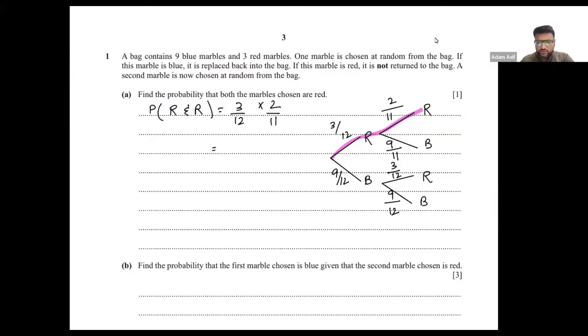Three upon 12 times 2 upon 11. That's 1 upon 22. Okay, that's the first probability.